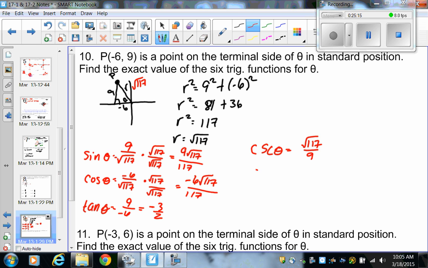The secant is just the reciprocal of cosine, so that's going to be the square root of 117 over negative 6. Or if you wanted to write it as negative radical 117 over 6, that works too. And then the cotangent would be negative 6 over 9, which would give me negative 2/3.